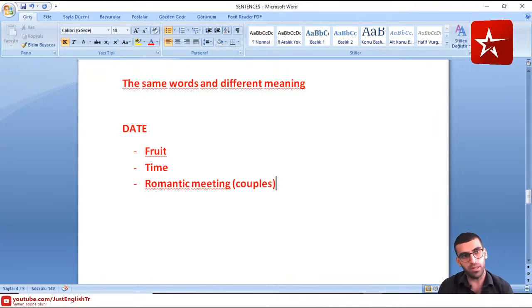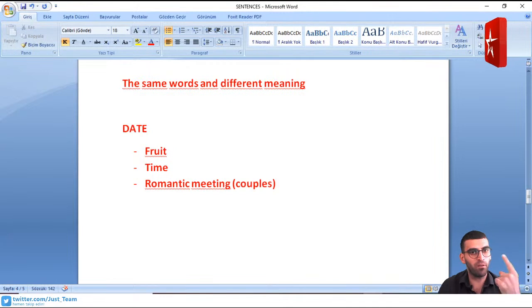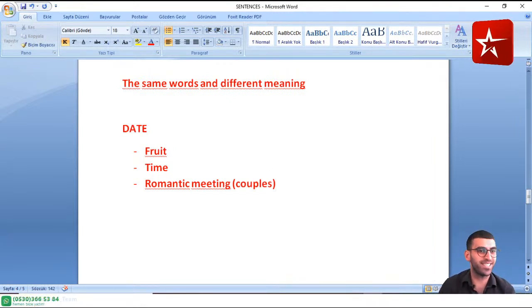If you learn a new word in English, you have to be careful with its different meanings. One word can be used in different ways, in different situations. You have to pay more attention.